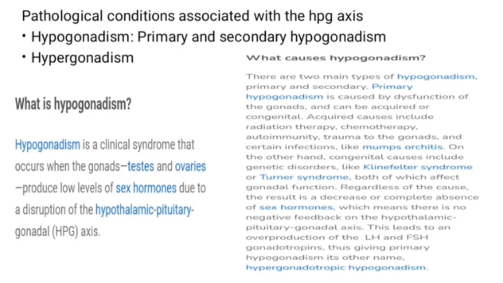It at times affects the testes in males. On the other hand, congenital causes, that is those caused from birth, include genetic disorders like Klinefelter syndrome or Turner syndrome, both of which affect gonadal function regardless of the cause.